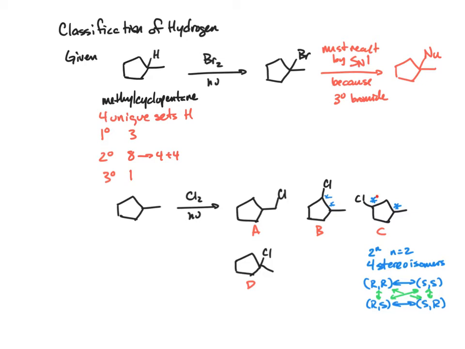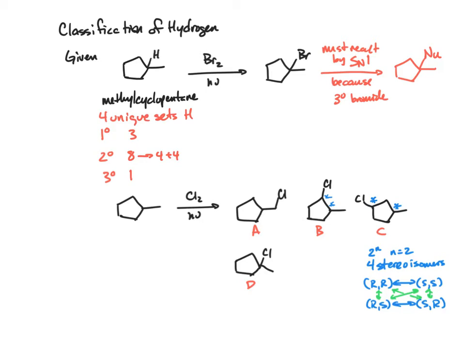So for example, this carbon bearing the 4 different substituents can be R. This other carbon can be R as well. So that's 1 molecule. Its enantiomer would be the SS. So this carbon could be R, that carbon could be S. So that's this. And its enantiomer would be the opposite, SR.